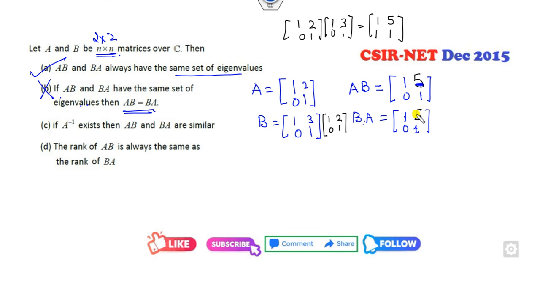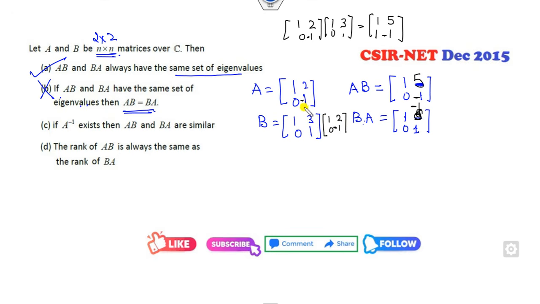AB and BA are not the same. Which example can you think of? If I choose this as minus 1, A is minus 1, then it will be minus 1, fine. Then it will be 3, 2 minus 3, minus 1.